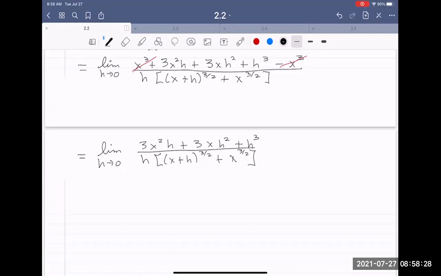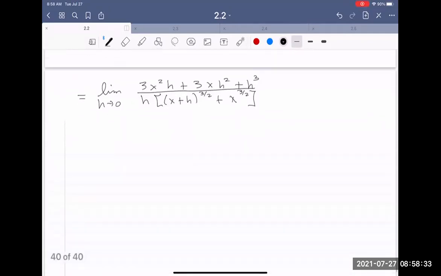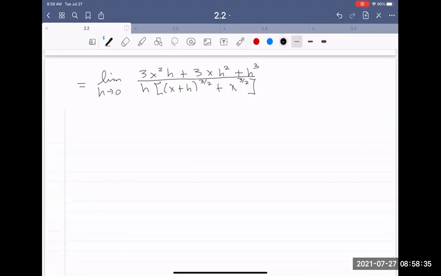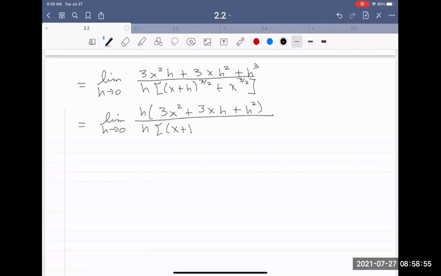And so let me factor out an h in the numerator. So this is equal to the limit as h approaches 0 of h times 3x squared plus 3x h plus h squared, over h times x plus h to 3/2 plus x to 3/2. The h's cancel.